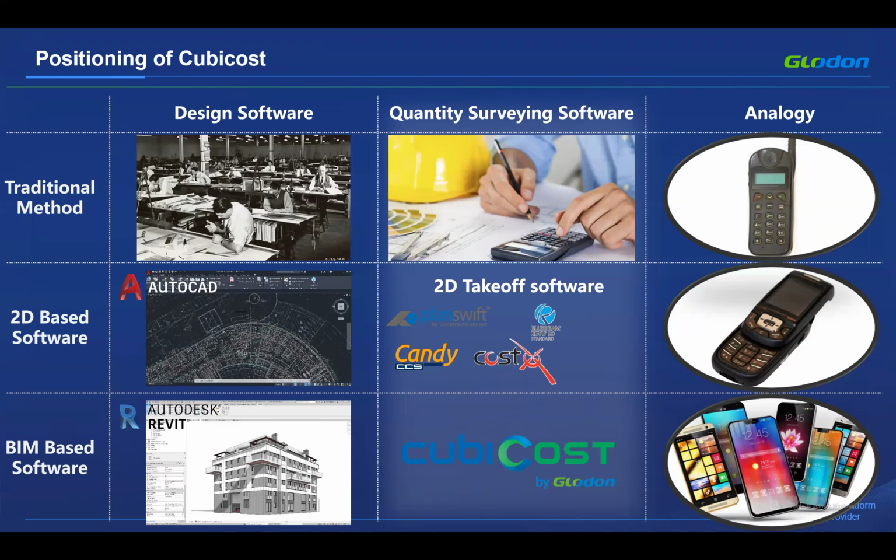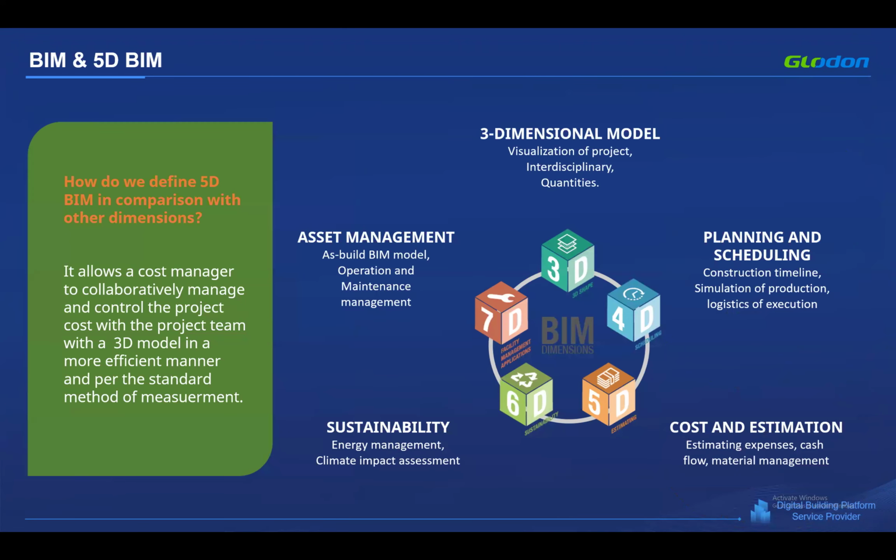Costex, 2010 Costex software is similar to 2024 Costex software. Over the 14 years, they haven't done anything for their software development. But with CubiCost, you can experience the efficiency, because we have two major updates every year. Okay, so this is like a smartphone. Our technology is much more efficient than other competitors.